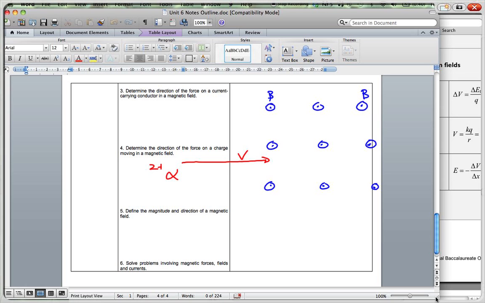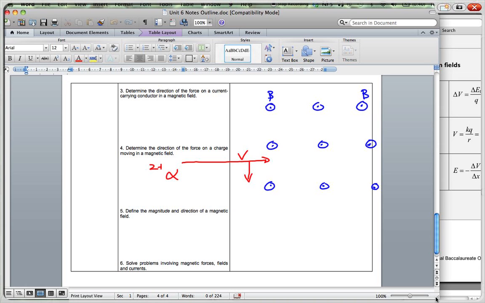The field is coming out of the board. Thumb in this direction, we're going to have a force downwards. Field out of the board, force down. So we'll actually have a force downwards like that.